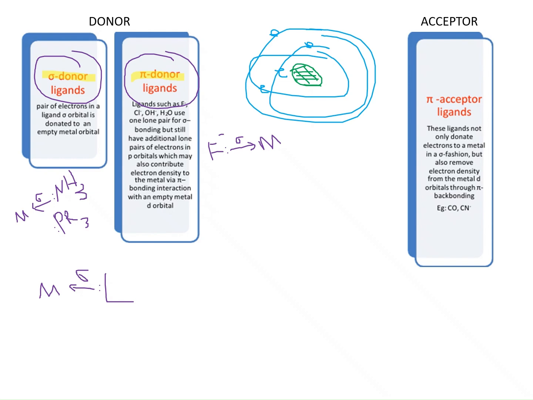So that ligand is basic. That ligand has a higher number of electrons. And for a ligand to become an acceptor, the ligand itself has to be not preferring to donate electrons because the ligand has a low number of electrons.